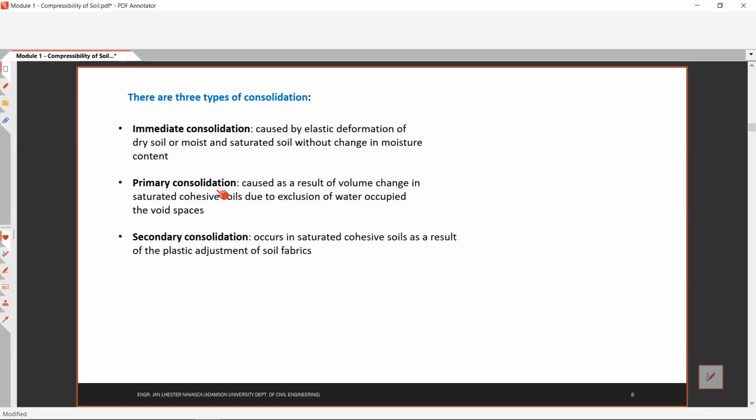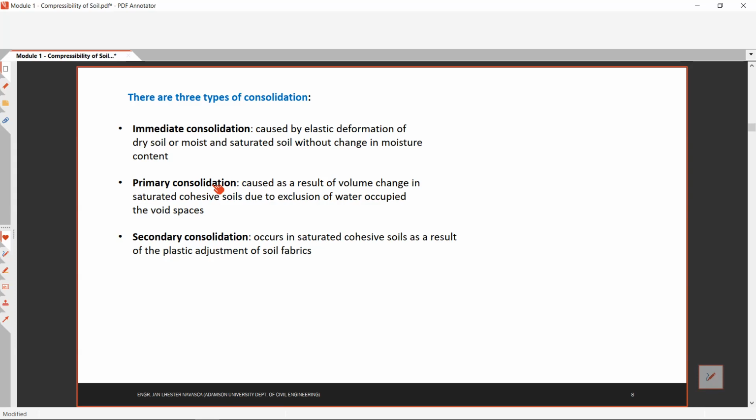Since kasi di ba dito, meron kang exclusion of water void spaces. So mag-a-adjust yung soil mo niyan since nabawasan yung water doon sa isang layer, di ba? So mag-a-adjust yung soil diyan. So due to that adjustment through time, so maybe hundreds of years, 10 years, at any time t. Okay.